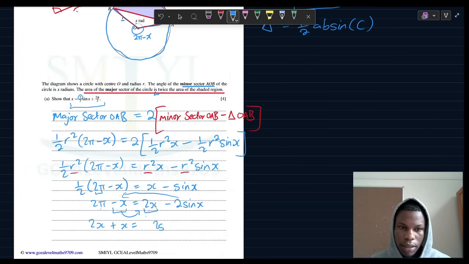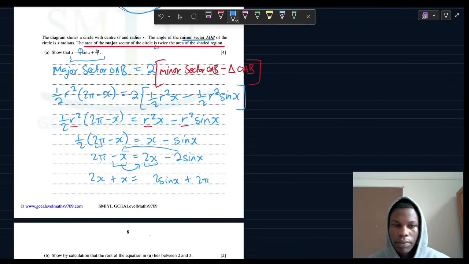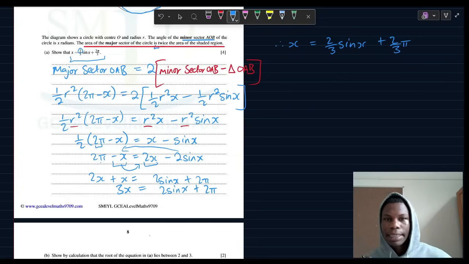So that's 2 sine x plus 2 pi. And now, if we add 2x plus x, we get 3x. This is equal to 2 sine x plus 2 pi. Divide both sides by 3. So you'd end up getting x is equal to 2 over 3 sine x plus 2 over 3 pi. And that will be the final answer for part A.